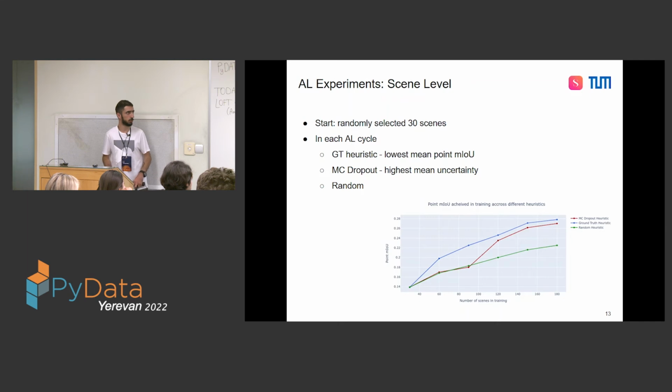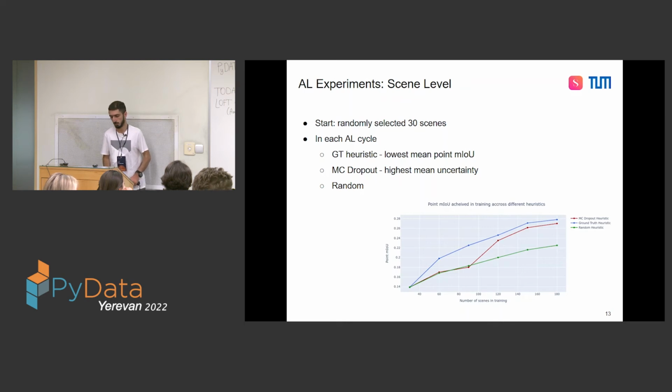Then MC dropout, the active learning heuristic, selects scenes with the highest mean uncertainty. We can compute uncertainty for each point and then compute the mean uncertainty for the scene. And random chooses scenes randomly out of the unlabeled pool.